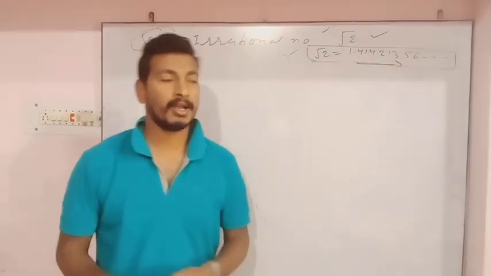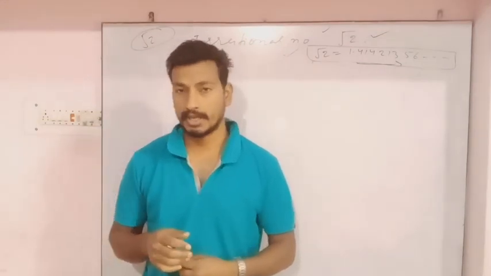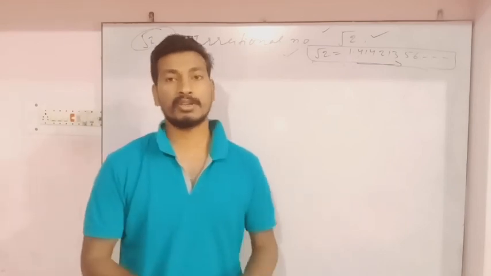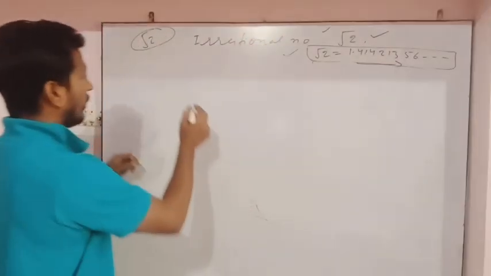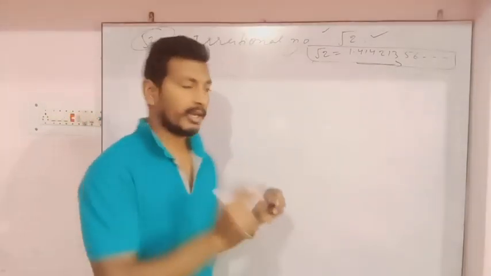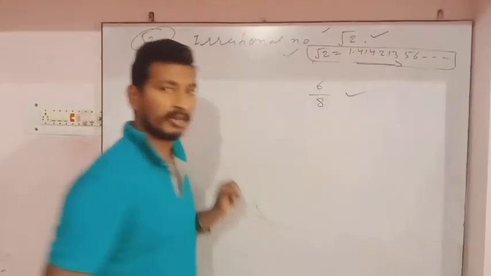As I told you, we are going to use the contradiction method for proving root 2 is an irrational number, and in the contradiction method we assume a statement which is not true. Before proving, one more thing we should know about a rational number. Suppose 6 by 8, is it a rational number?